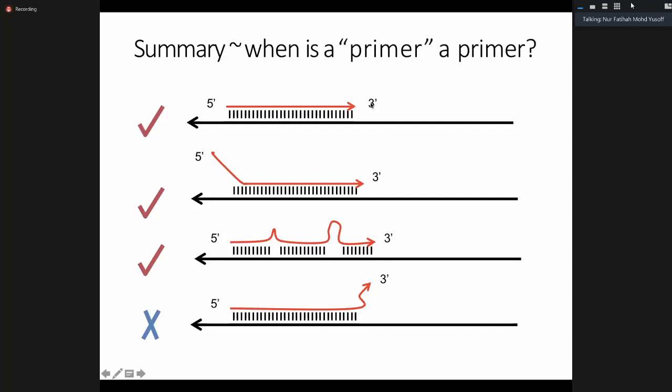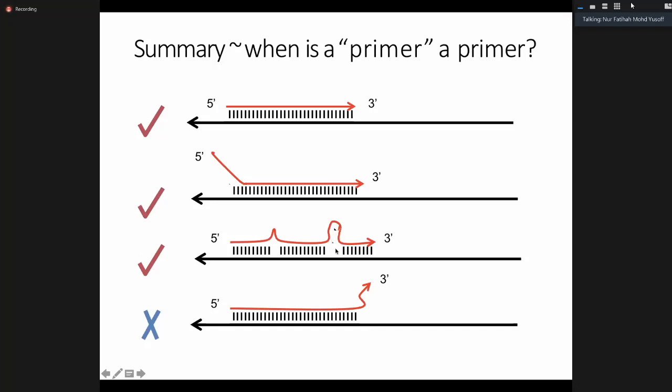Summary. So basically, when is a primer a primer? If you look at these figures, you can see that if everything is fine, with similarity between the primer and the template, it will amplify. What about here? Only the region from the 3' until perhaps half of the primer will still do the amplification.